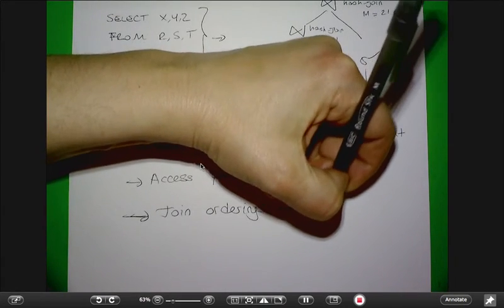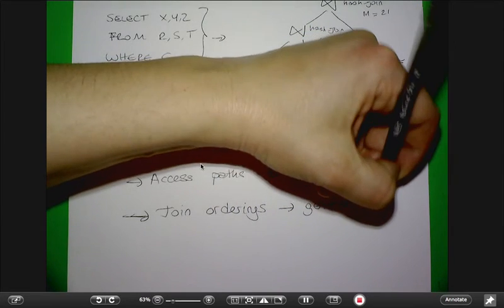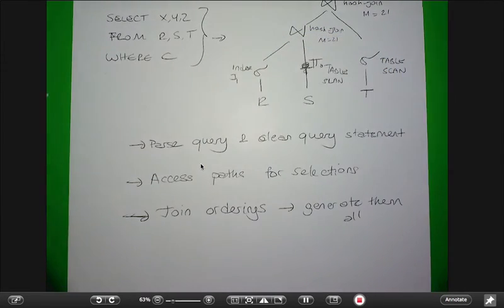Technically you will generate them all, but in practice, you will do what's called branch and bound. Have you taken AI? If you're taking AI, you will see branch and bound, right? The whole point is that you generate some options, and then you look at how costly they are.